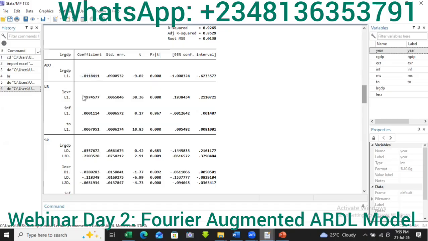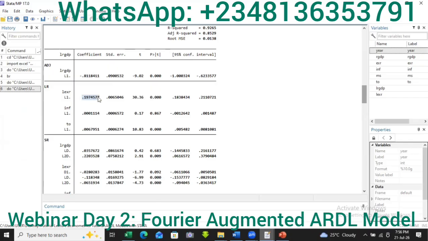And we have the long-run coefficients. You can see for log of exchange rate, the coefficient is significant, even at 1%. So based on this, the exchange rate has a positive and significant impact on real GDP in the long run, meaning that exchange rate depreciation increases real GDP.